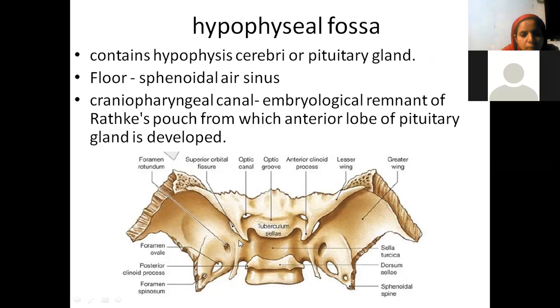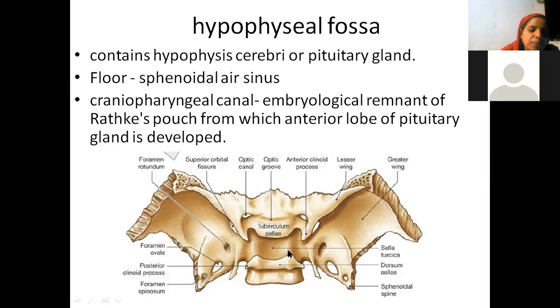This is the hypophyseal fossa. It also forms the floor of, suppose you break this bone, you will see an empty space inside, that is the sphenoidal air sinus. Here in the middle cranial fossa, where you have the pituitary gland, the hypophyseal fossa will be like a box only.